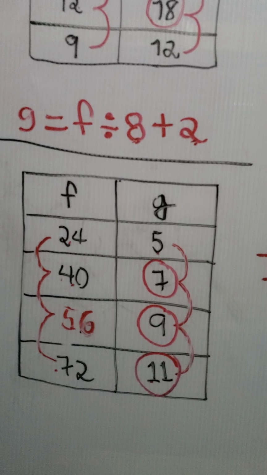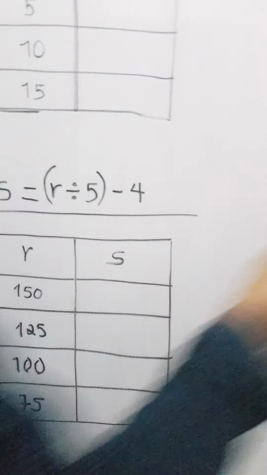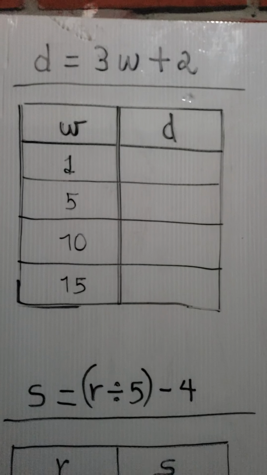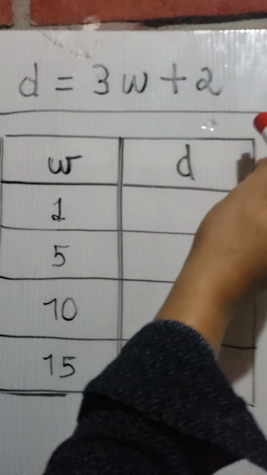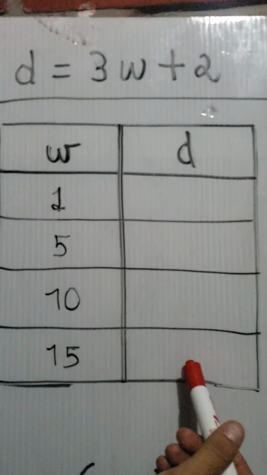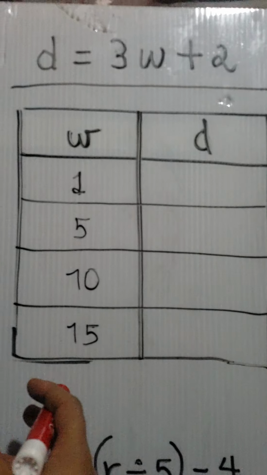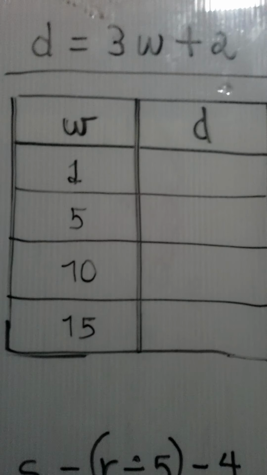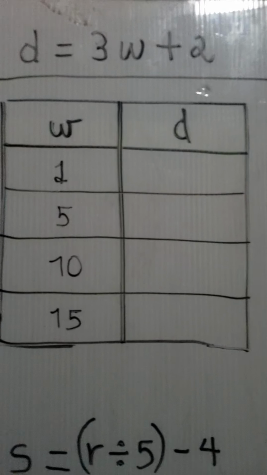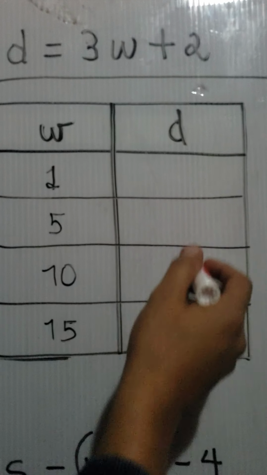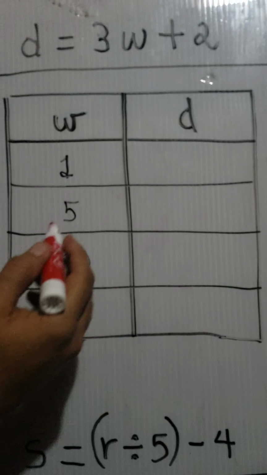Now, let's see if we can do the other part. Check here, please. This is the opposite. The equation is given, so we have to complete the table. We don't have to look for the equation like we did in the last 2 exercises. We have to find the data numbers on the variable D. Okay, let's do it.